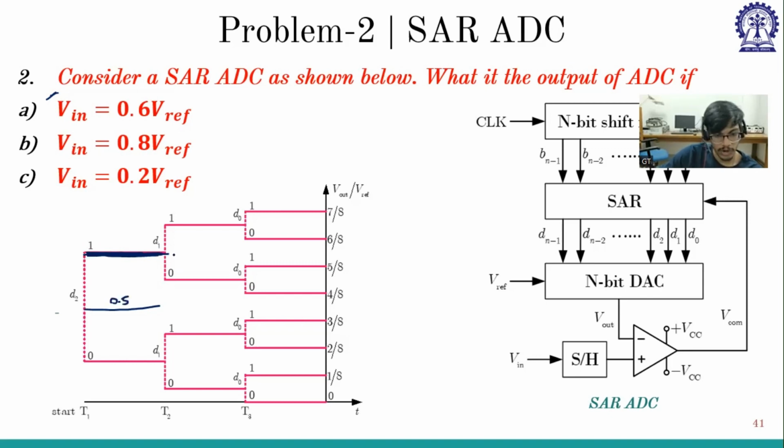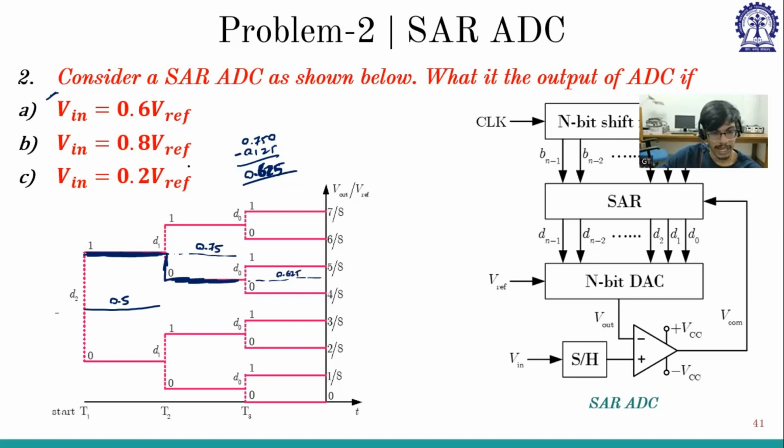Now it is more than 0.5, so I'll compare it with 0.75. Is it more than 0.75? Less than 0.75, so I'll come back here. Sorry, it is less than 0.75, so it should be 0.75 minus 0.125, which is 0.625. It should be compared with 0.625.